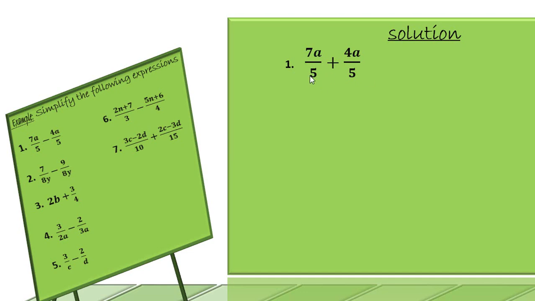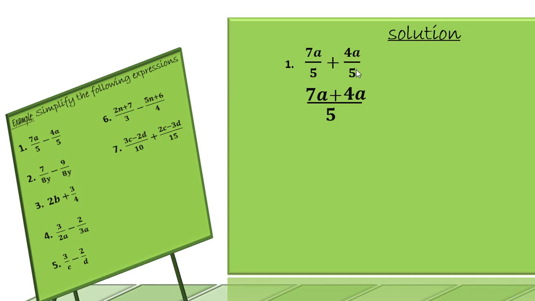My denominators are 5 and 5, so the LCM of 5 and 5 is 5. 5 divided by 5 is 1, then 1 multiplying 7a is 7a. Then I have this addition sign. 5 divided by 5 is 1 again, so 1 multiplied by 4a gives 4a.